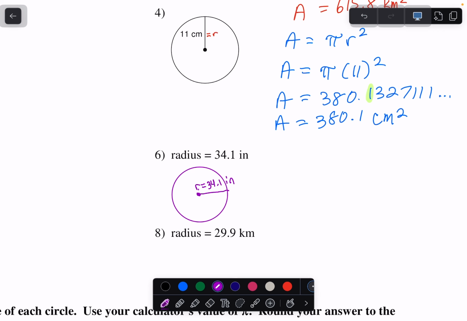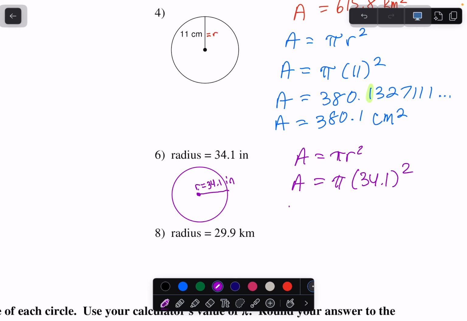It's your job to know that's the number I'm going to use in the formula. So again, our formula, pi r squared, we're going to replace the r with 34.1, and we're going to square it.